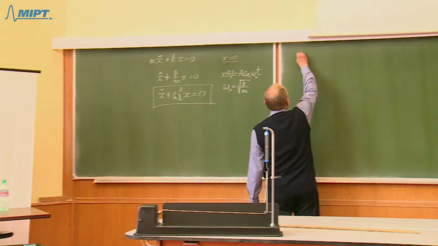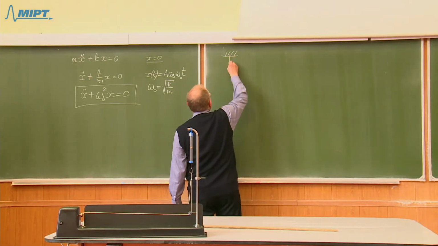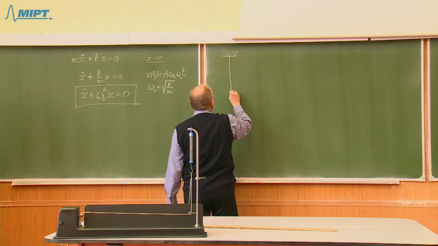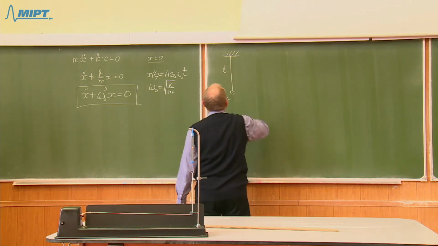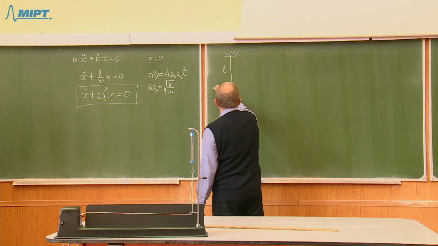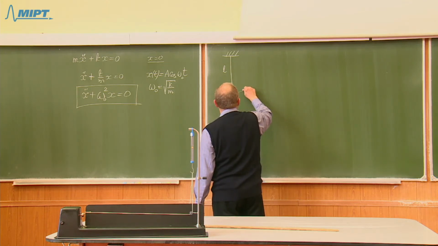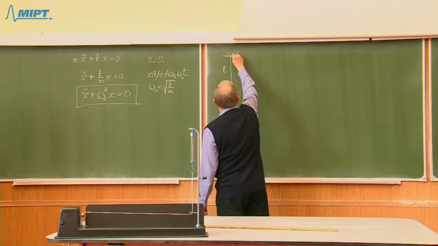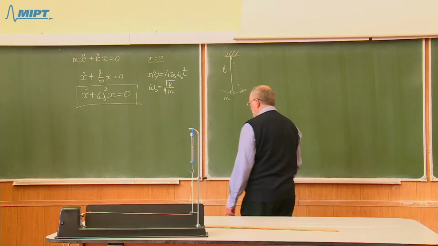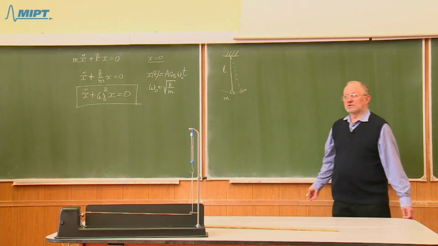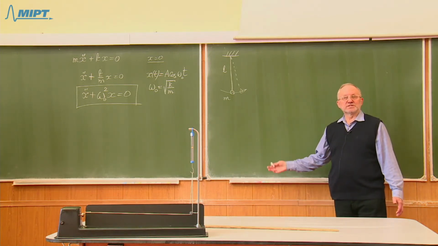So we have a thread and a small body of mass m, and the thread length is L, and the body can be displaced and can take part in some oscillations, so that at some moment of time the body is here. What physics law describes this situation?